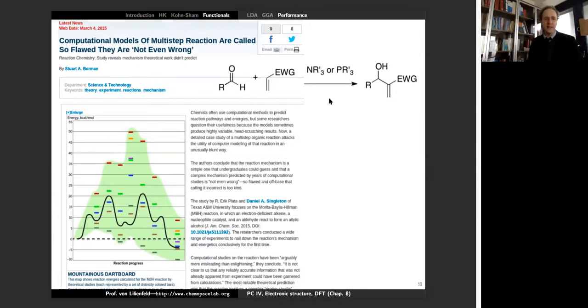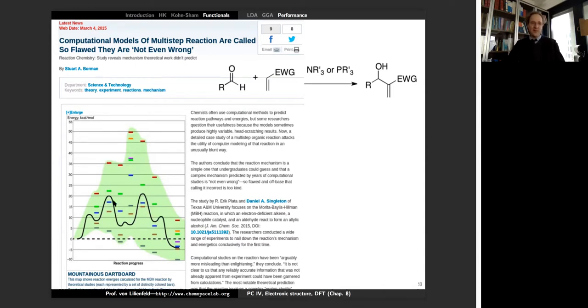Now here's another example, more from organic chemistry. This appeared a couple of years ago in Chemical and Engineering News, and it was based on a JACS paper, which you see here, 2015, where the authors had studied in great detail a multi-step reaction, this condensation of this carboxy group with the double bond here. They studied this with spectroscopic methods. They mapped out the entire reaction surface.